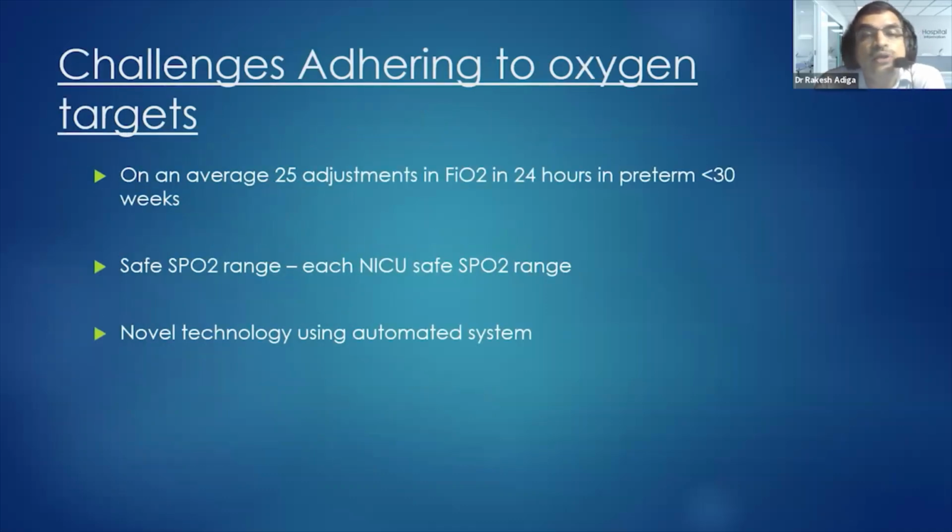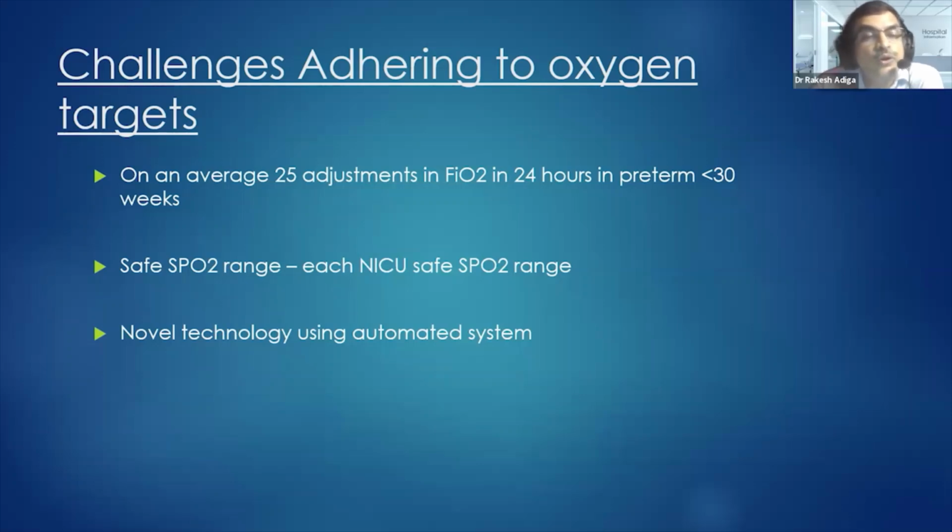Challenges adhering to oxygen targets: in one of the Australian studies, on average in a preterm baby less than 32 weeks of gestation, FiO2 has to be adjusted 25 times in 24 hours. It will be very difficult, but we have to do it to get a good result in a newborn.